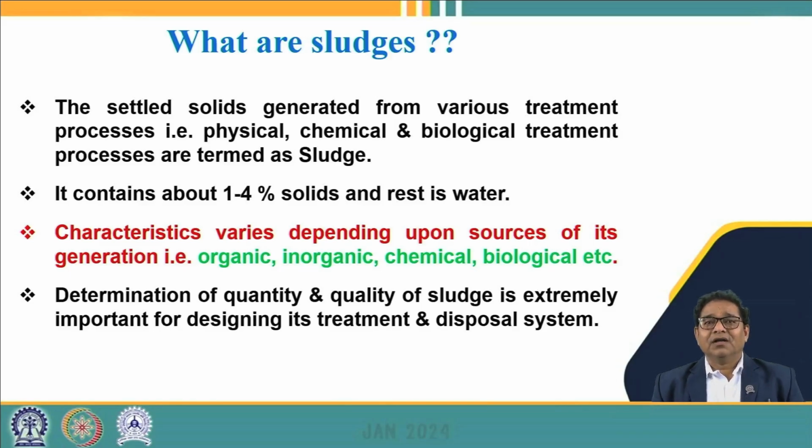It may be organic or inorganic sludge, chemical sludge, biological sludge, or digested sludge. Finally, the determination of the quantity and quality of sludge is very important when we design its treatment and disposal facility.